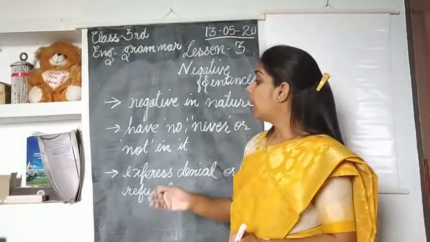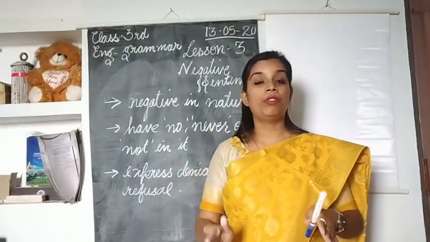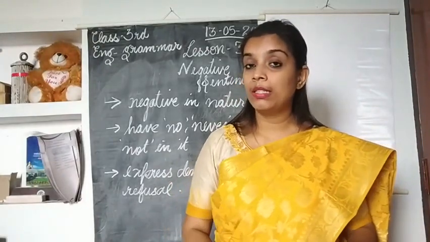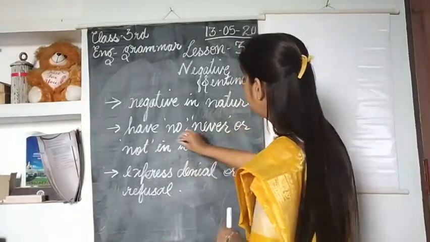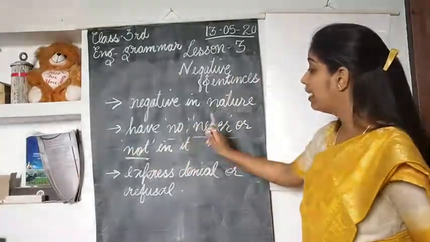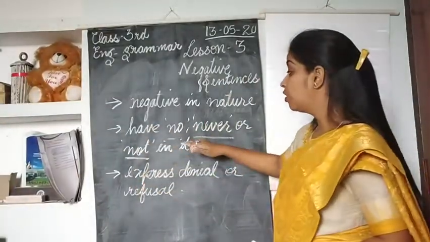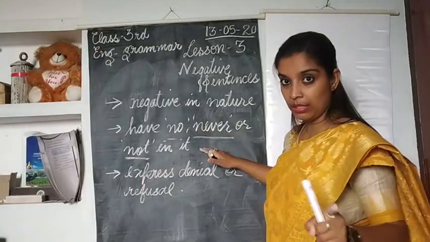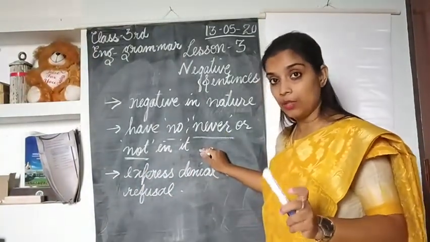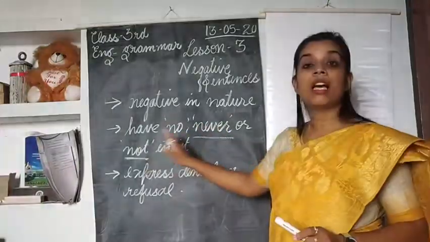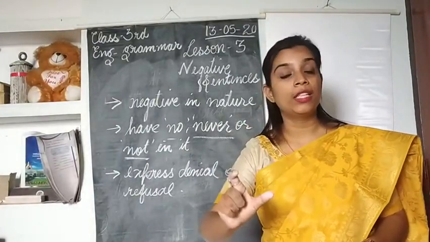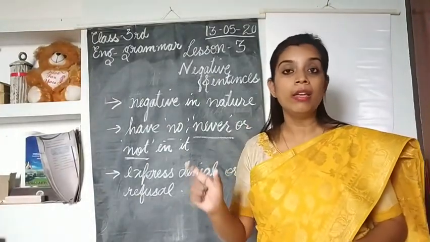The basic difference between affirmative and negative sentences is the use of the word no, never or not, which is not used in an affirmative sentence but is present in negative sentences. If any of these three words is used in a sentence, it makes it a negative sentence.